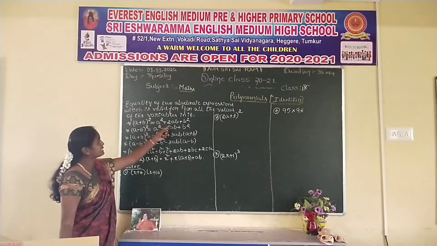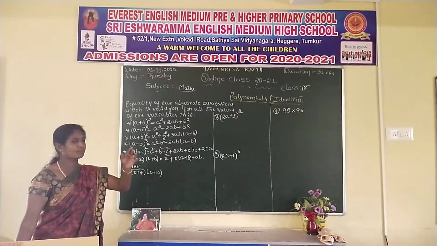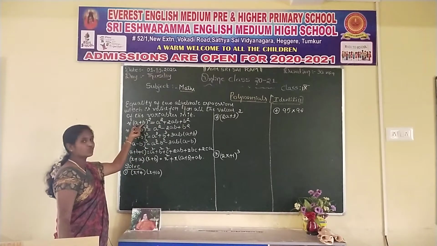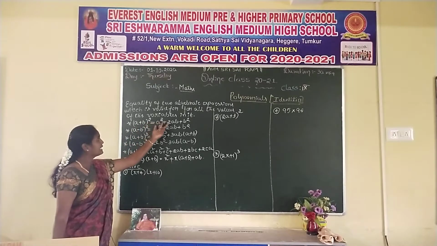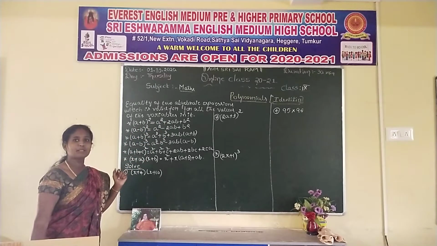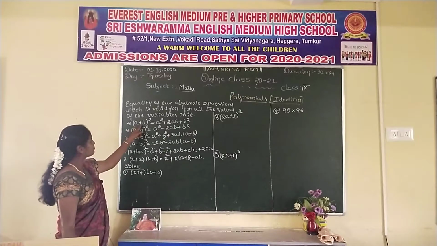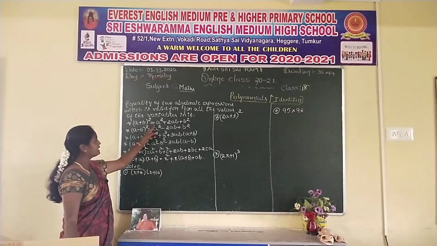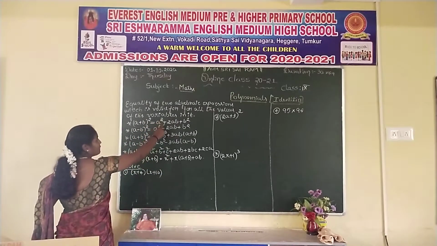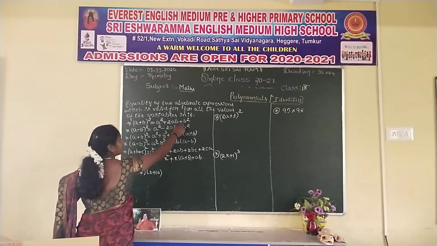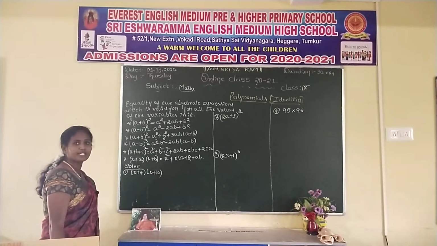From this identity, the left hand side is one algebraic expression, and the right hand side is another. (a plus b) whole square is equal to a square plus 2ab plus b square. This is the first identity.